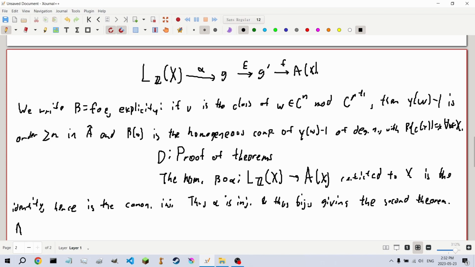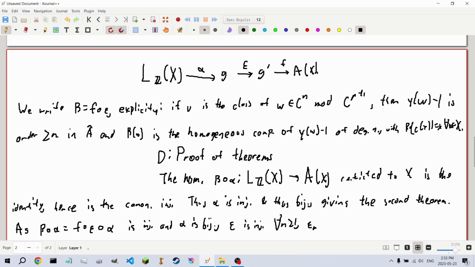As I pointed out before, beta composed with alpha is our full map of f composed with epsilon composed with alpha, which is injective, and alpha is bijective. That means our epsilon is injective for all n at least 1.